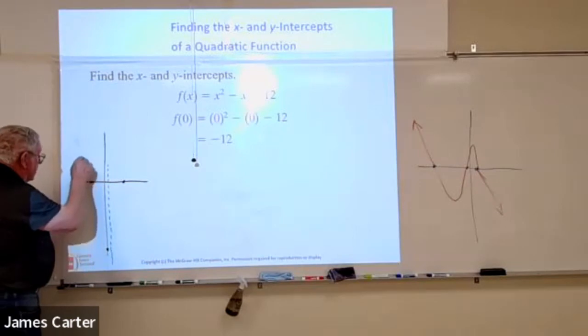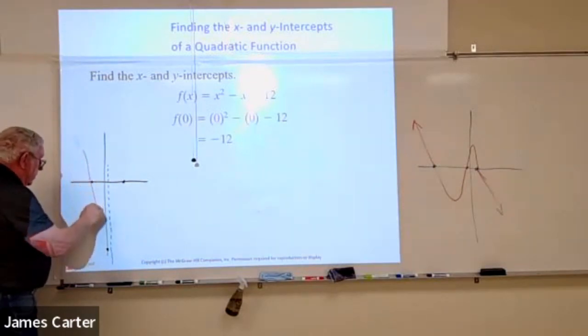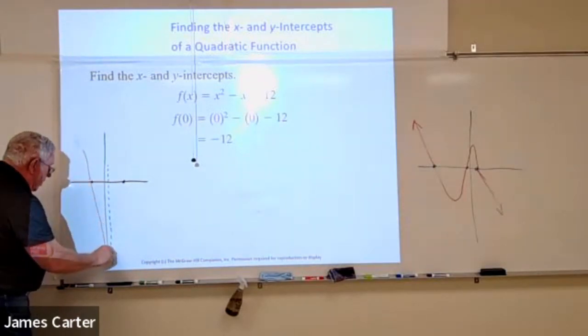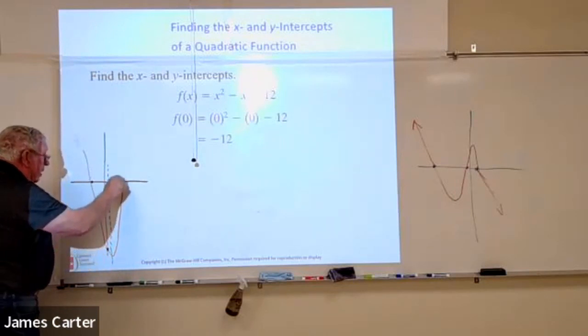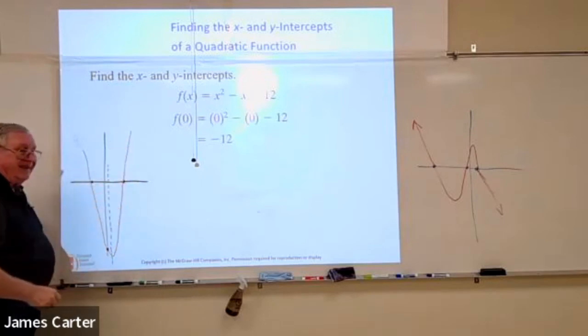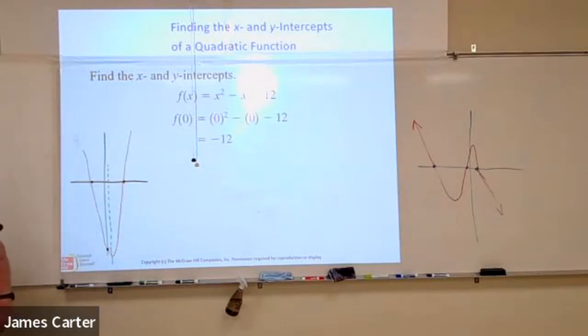So this thing is going to come like this, through here, down here somewhere, then it'll turn and go that way. It sounded like it was in pain.